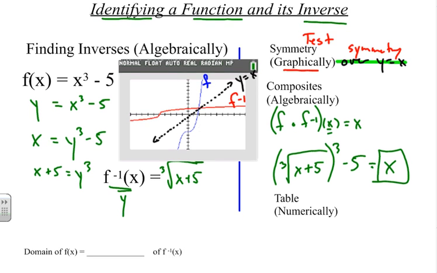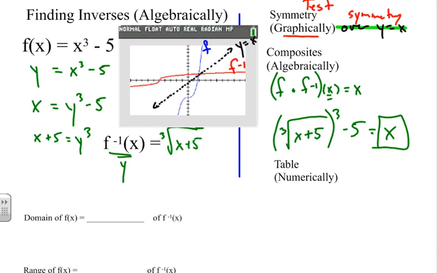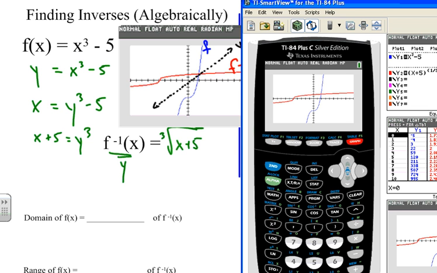The other way, because there's symmetry over the line y equals x, another thing that you might notice is on a table. If we took out our graphing calculator and looked at the table feature, and we compare some values, I'm going to go to second calculate.